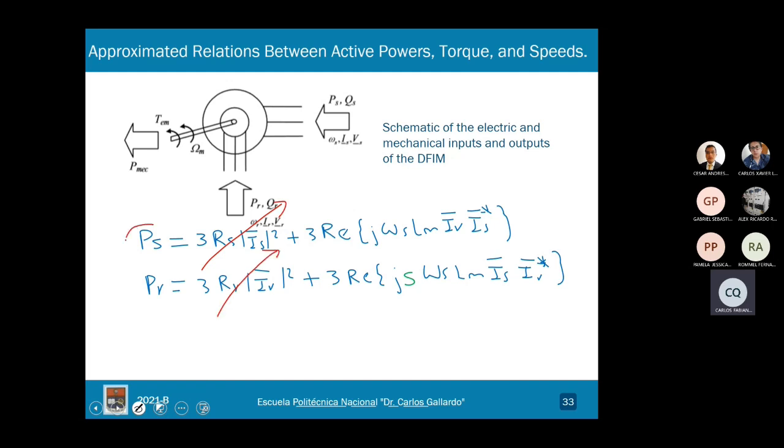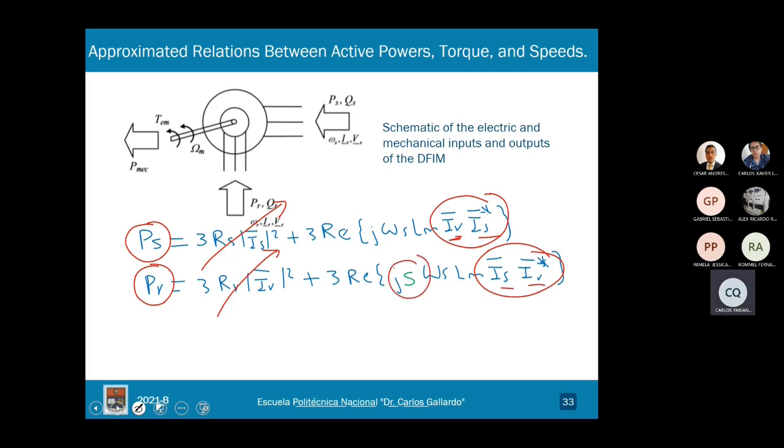Therefore, if I compare the stator active power with respect to the rotor active power, the only difference is the sign, because of this term. Pay attention: this is the subscript rotor and this is the subscript stator. So the only difference is the sign and the slip.